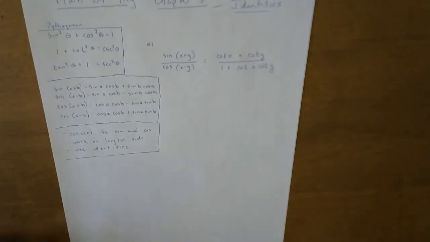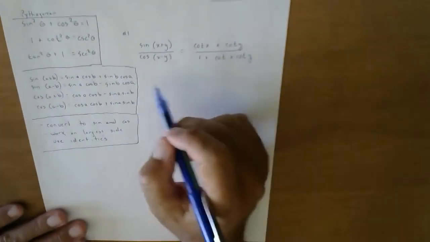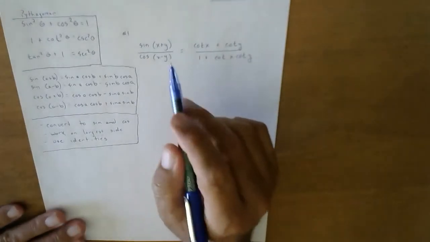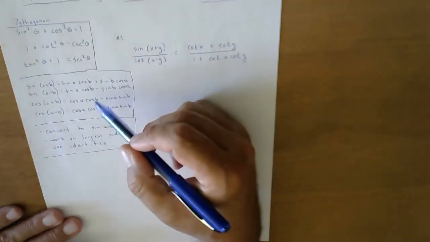For this one, I'm going to start by working on the left side. I know when you take your test and you're typing this in, you're going to have some difficulty, but do the best you can. If I work with the left side, I'm going to use these sine of the sums and differences.